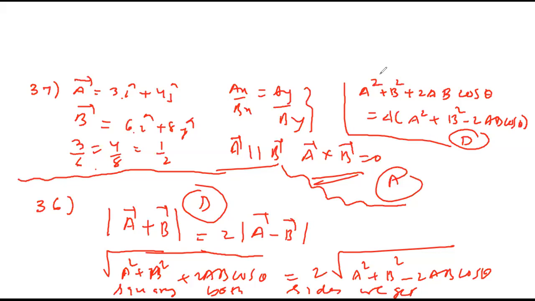Sum number 38. In a clockwise system, which is correct? See, they are telling clockwise system, but for positive we have to follow anti-clockwise.